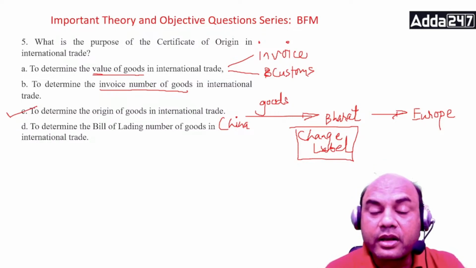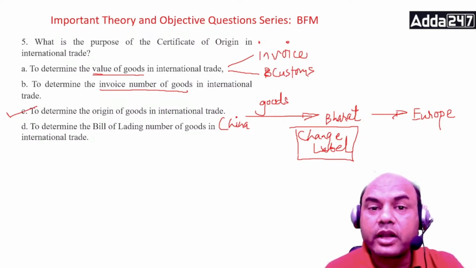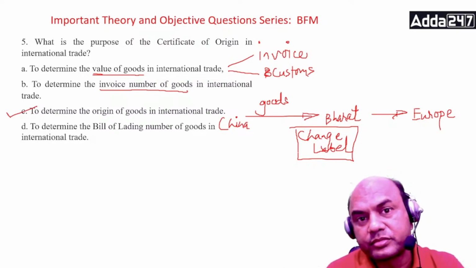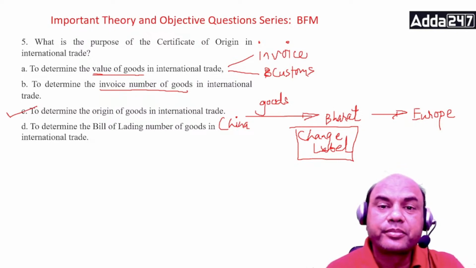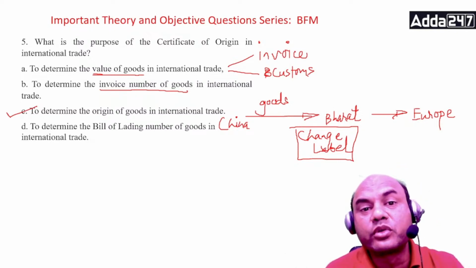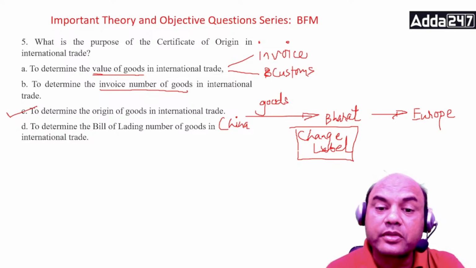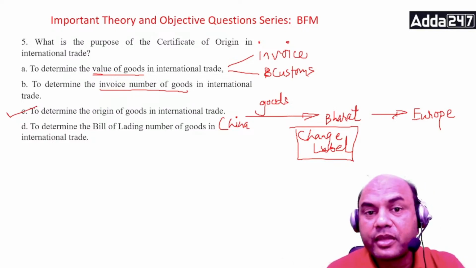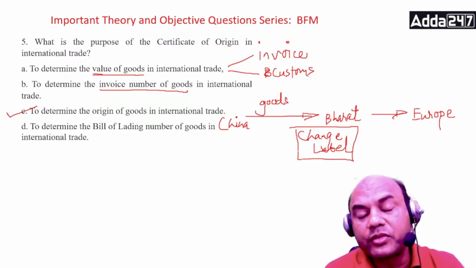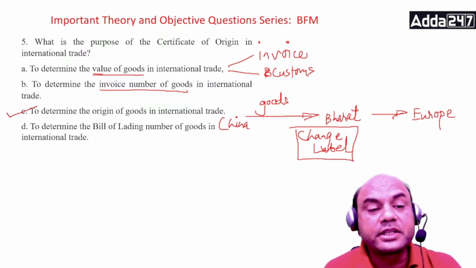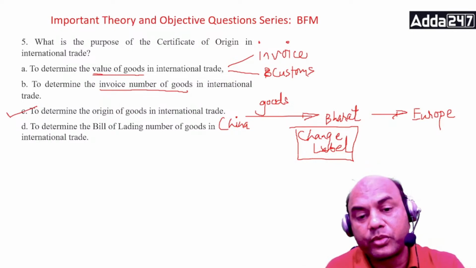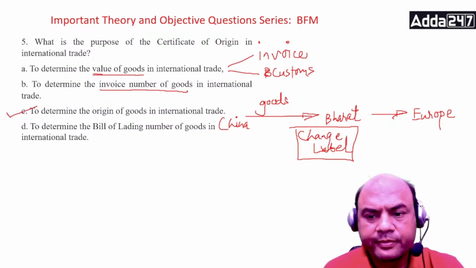In international trade, many countries say they don't want any goods from Iran or North Korea. Similarly, some countries don't want goods from China because of the quality. That's why the country of origin of the goods should be known, and that is the basic purpose of COO, the certificate of origin. Got it?